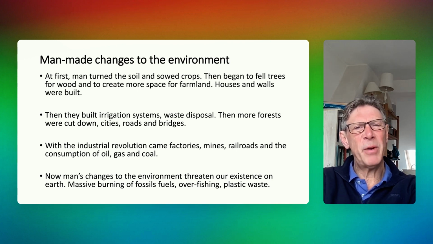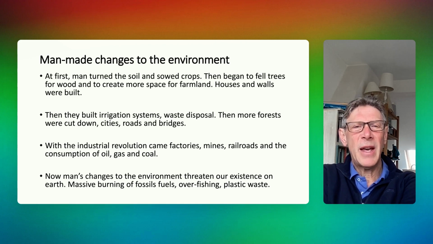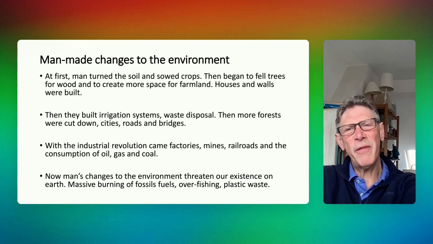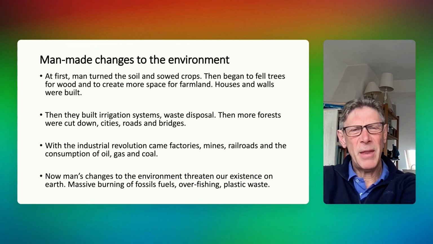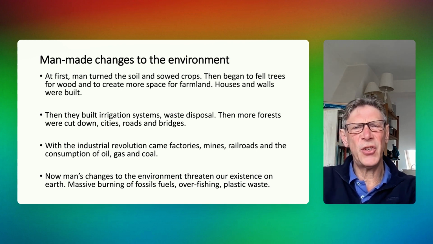As well as massive burning of fossil fuels, we are overfishing our seas. Old fishermen will tell you that 40 years ago, there were many more fish for them to catch in the sea than there are today. There's plastic waste, huge amounts of plastic waste. It's destroying our fields, destroying our villages, and indeed, there is almost more plastic in the sea today than fish.